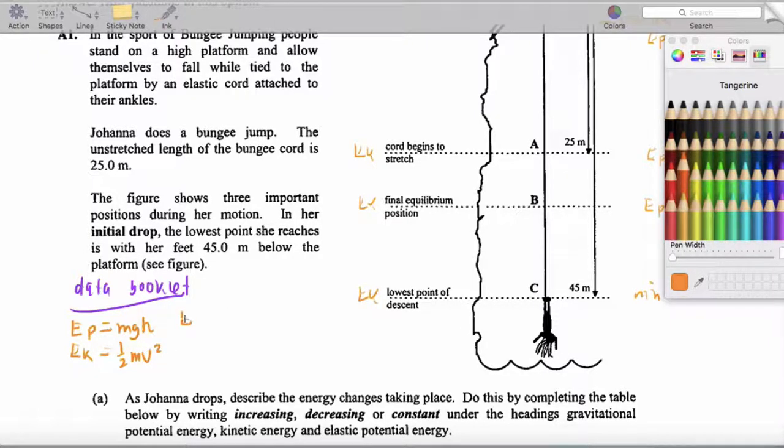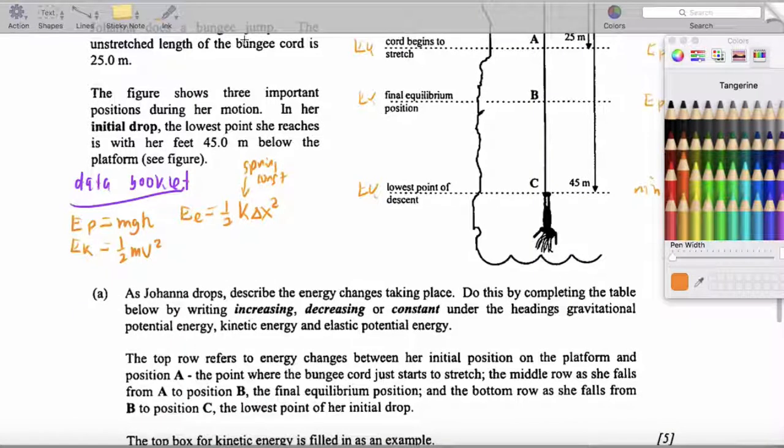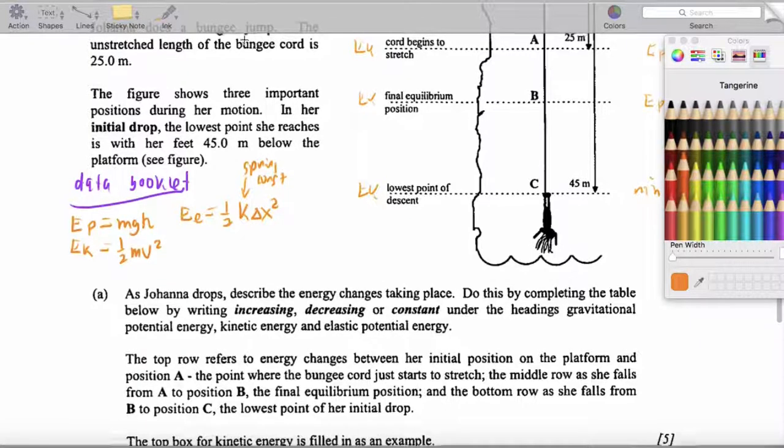And let's get that elastic one in there. It's 1/2 k times the stretching squared. And let's remember that k is the spring constant. That's whether the spring is stretchy or not. Like car shocks have really big k's and slinkies have really small k's. It's kind of where we're at with this.